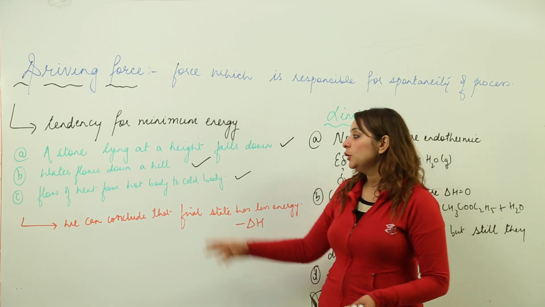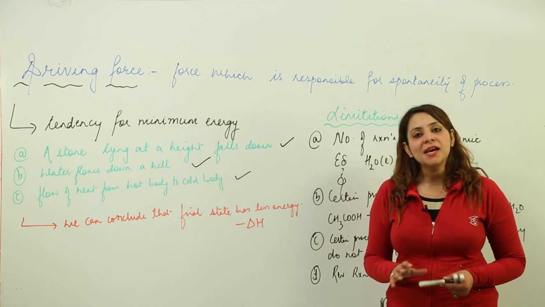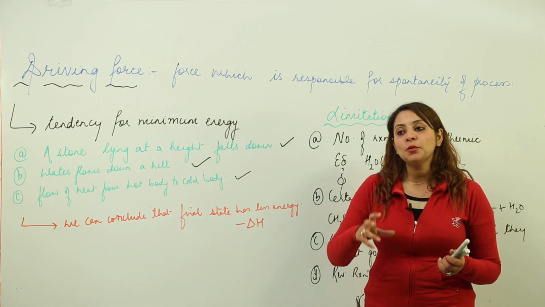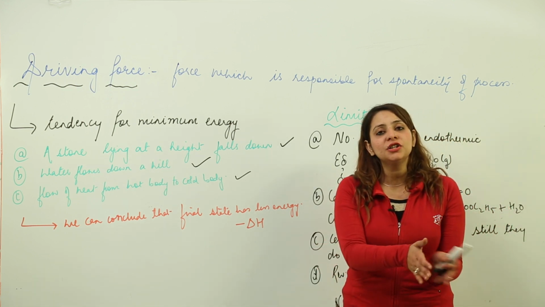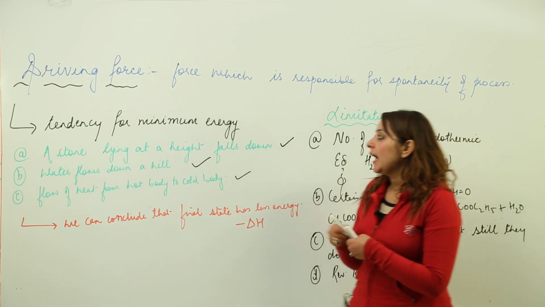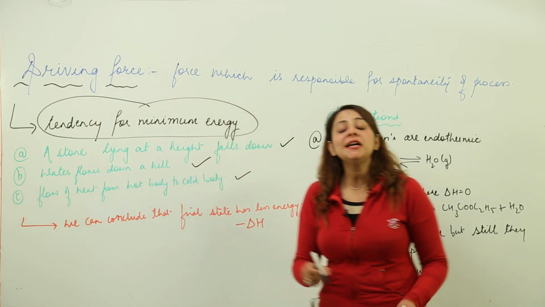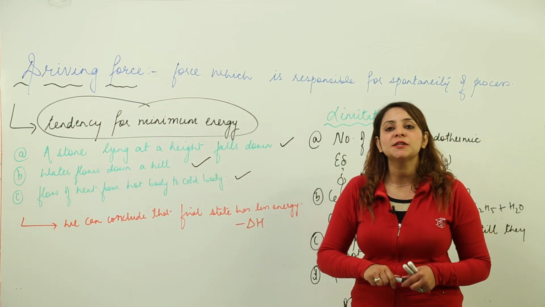So in all the examples which I have stated before you, we have seen that the process is moving from the higher energy state to the lower energy state. So it was considered that the tendency to attain minimum energy might be the factor which makes the process spontaneous.